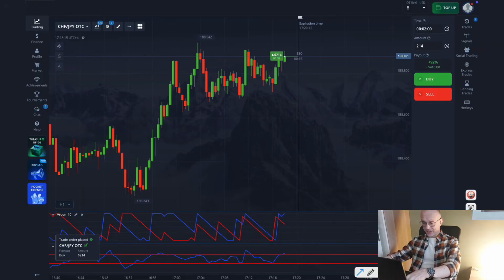Expiration is 2 minutes and I'm opening a long trade for $214. Now, let's analyze this moment according to the logic of the strategy and see how exactly the growth is formed. First of all, we pay attention to the Aroon.